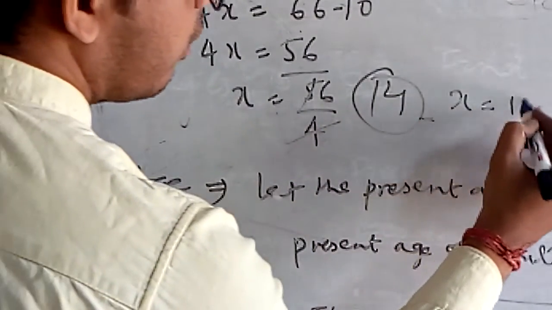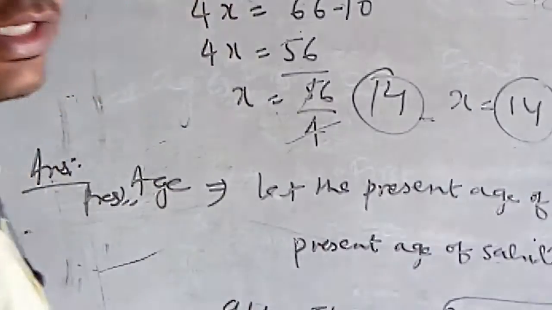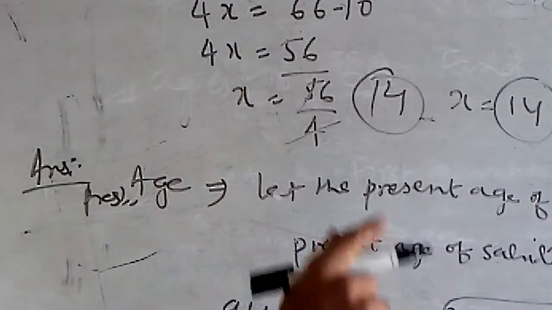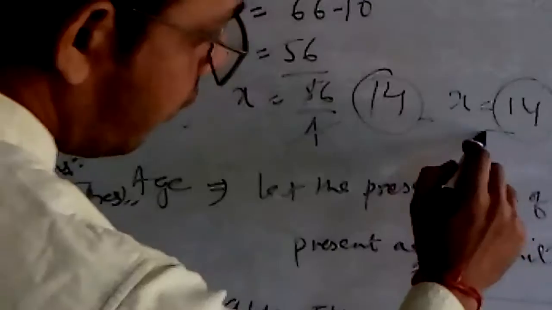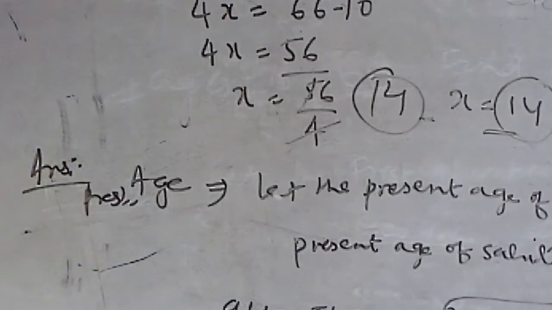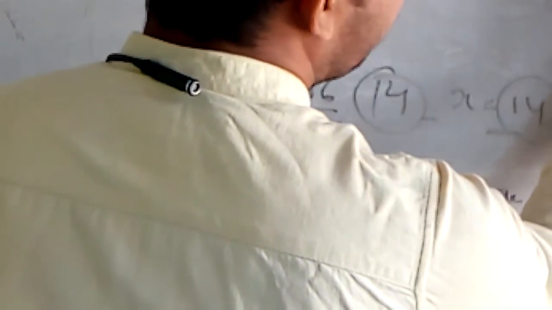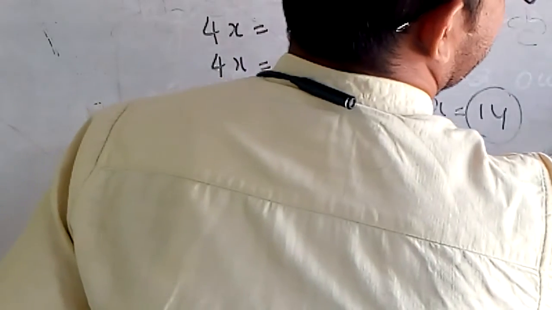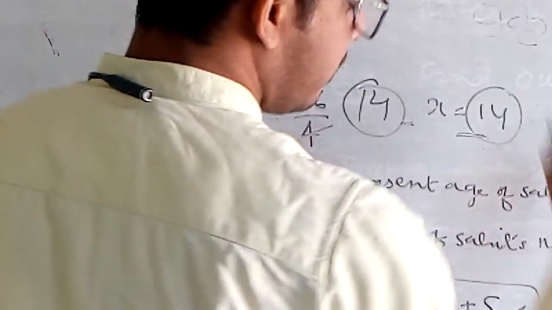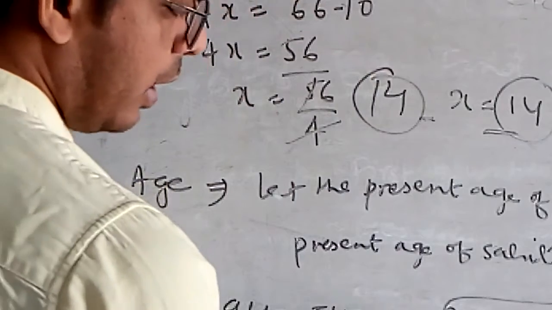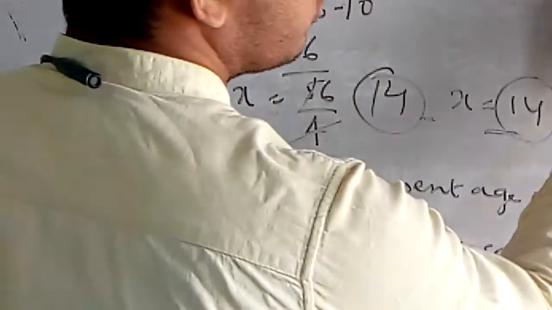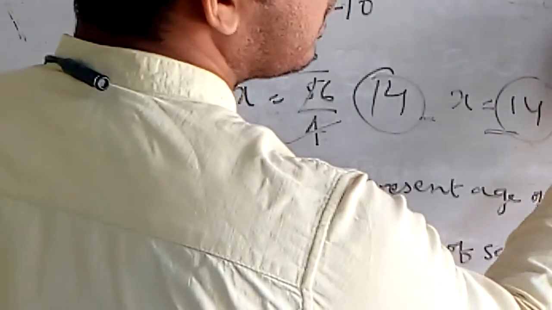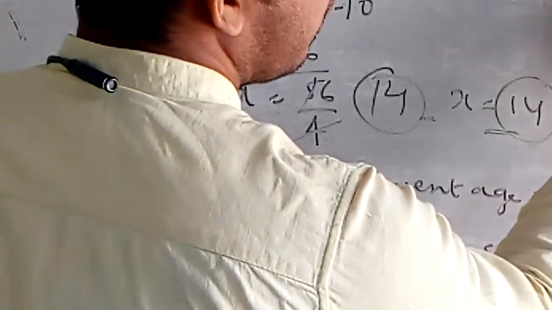x equal to 14. What is this? This is the present age of Sahil. So x equal to 14. After 5 years, what is the age of Sahil? x plus 5. So we will place the value of x in x plus 5.